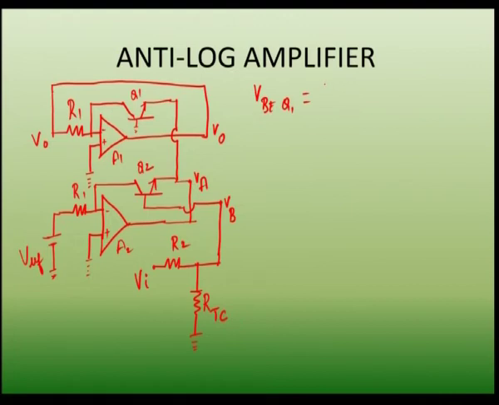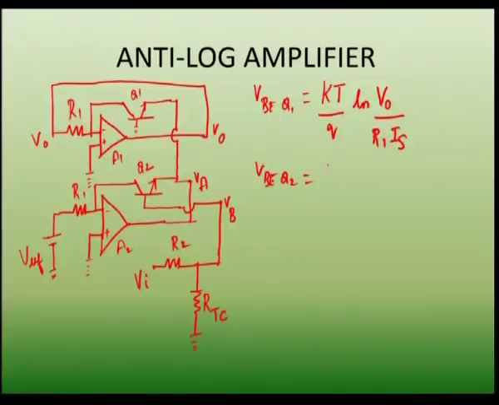We have derived already the output of the logarithmic amplifier as kT by q natural logarithm of input voltage. Here for the operational amplifier A1, the input voltage is V0 by R1 into Is. Here also the saturation current of the transistors Q1 and Q2 is closely matched, so I have given it commonly as Is.